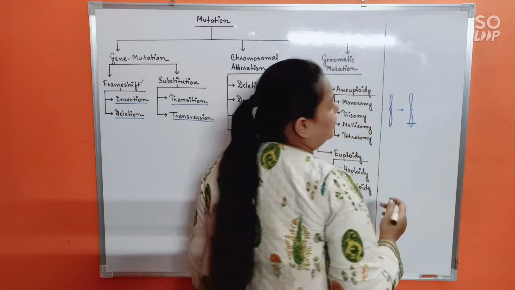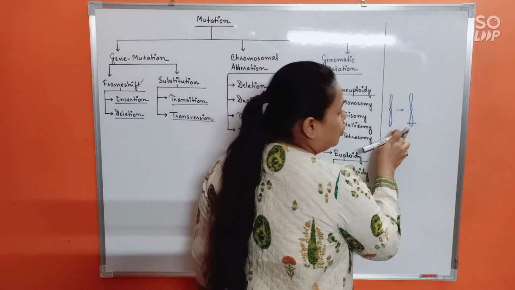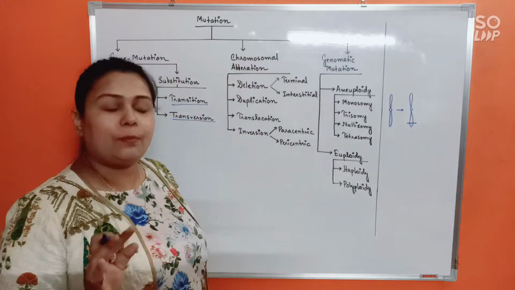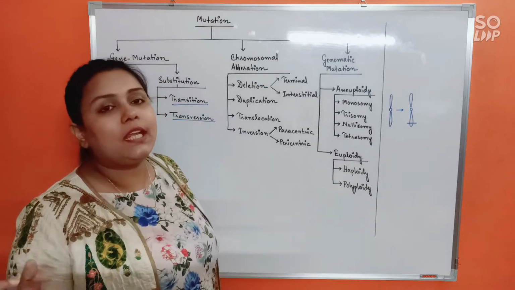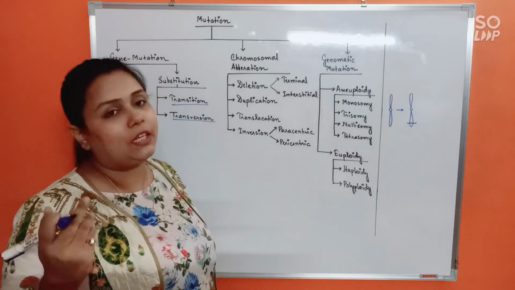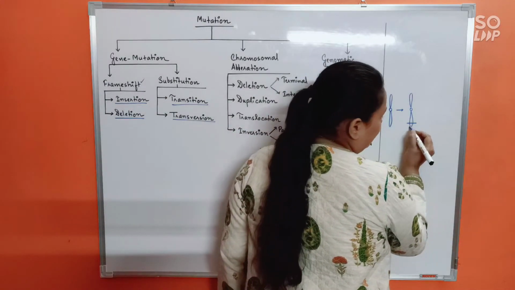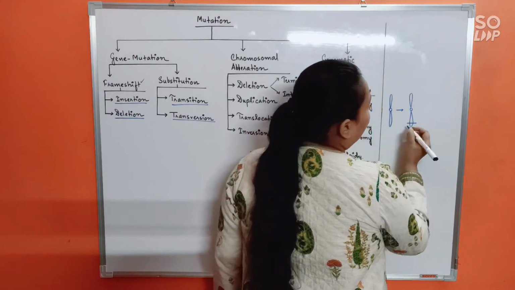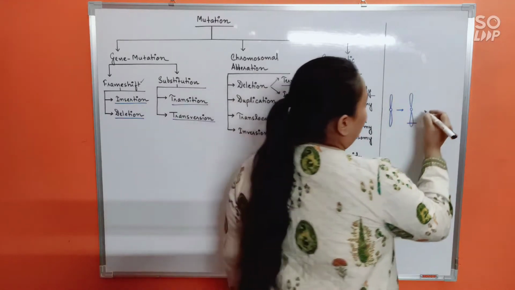Deletion means any part of the chromosome gets deleted or is lost. Now, if that deletion occurs from one end, okay, by a single cut, if a terminal section of the chromosome is lost, that will be terminal deletion.